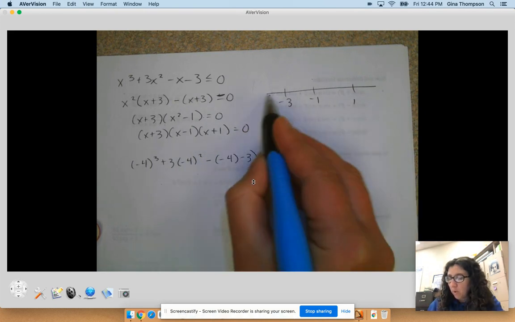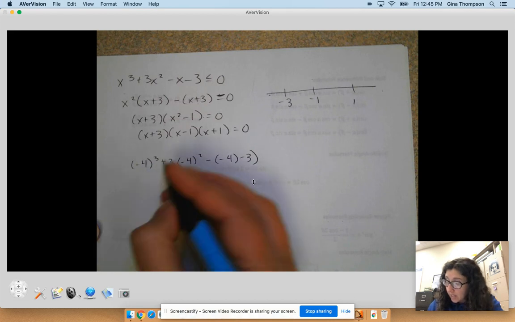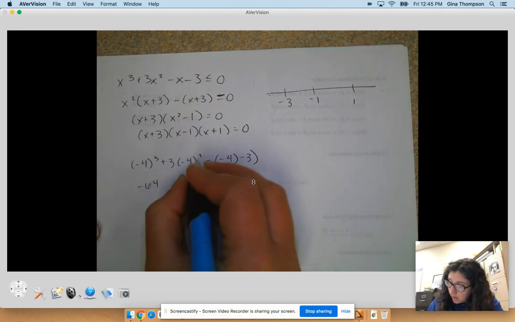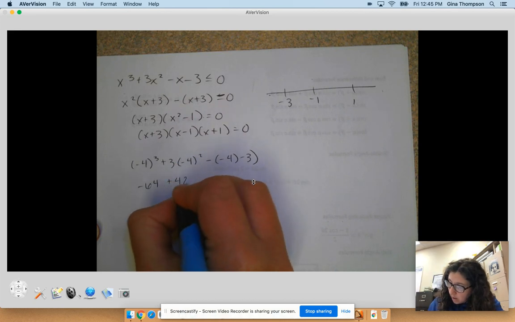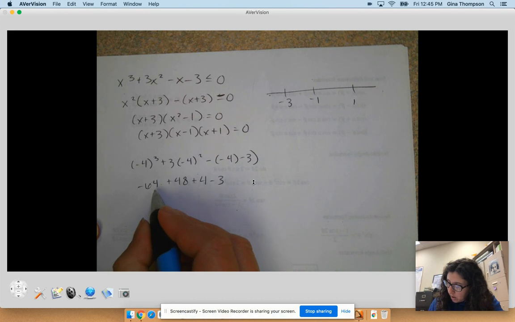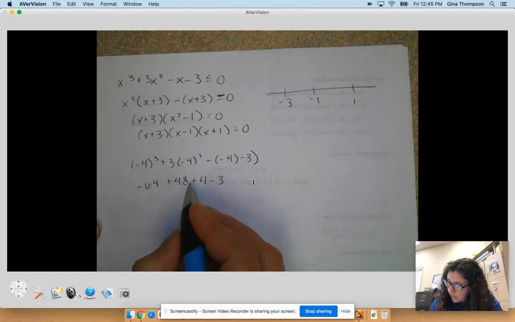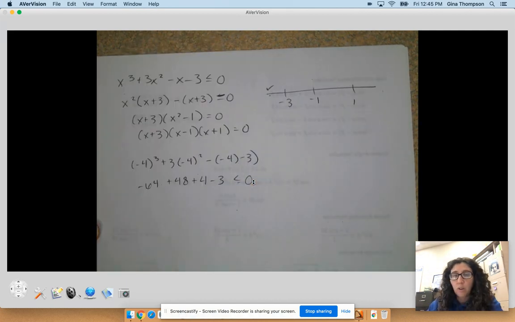I just chose a number over here in this interval. -4 cubed is -64. This is going to be 16 times 3, which is 48, plus 4 minus 3. This is 52 minus something bigger than that. This is going to be less than or equal to 0. So yeah, that interval is going to work.